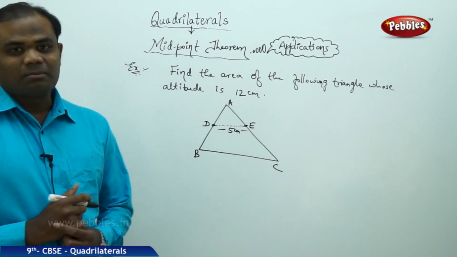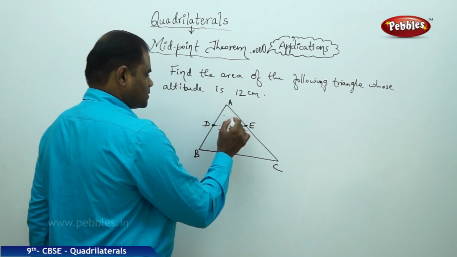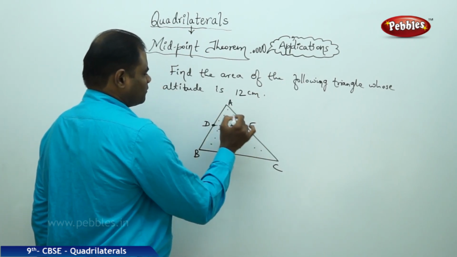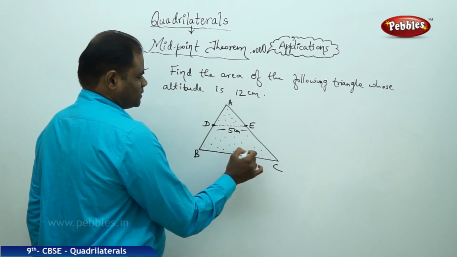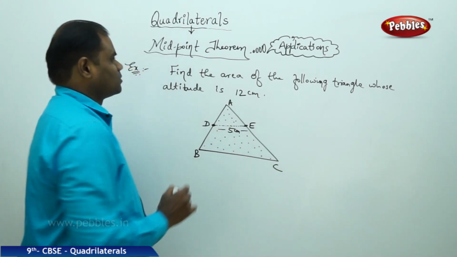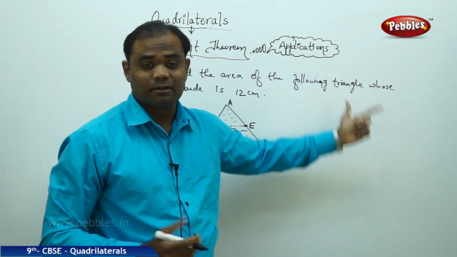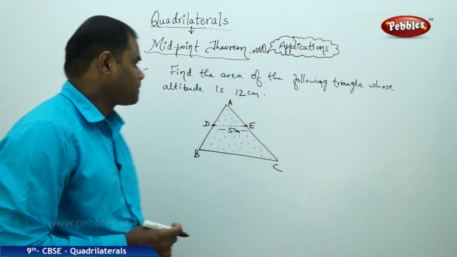Now my question is about finding the area of this complete triangle. So let's see how I can find the area of this triangle using the concept of midpoint theorem, and its application in solving math problems.